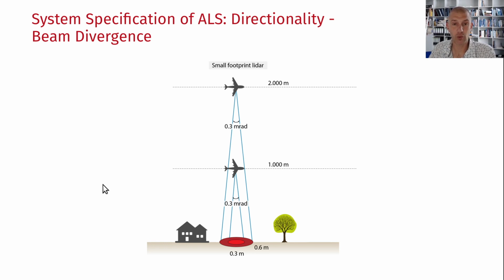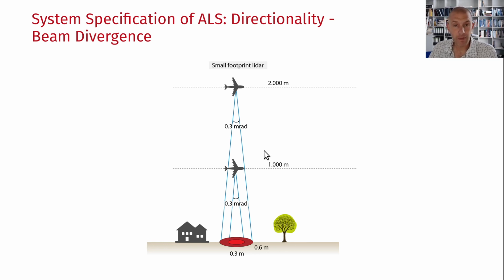So it's important to understand that the points you're looking at are actually derived from a beam that has some width. A common beam divergence of 0.3 milliradians results in a 30 centimeter footprint at a 1,000 meter flight height. If you go up to 2,000 meter flight height, you have a roughly 0.6 meter footprint.